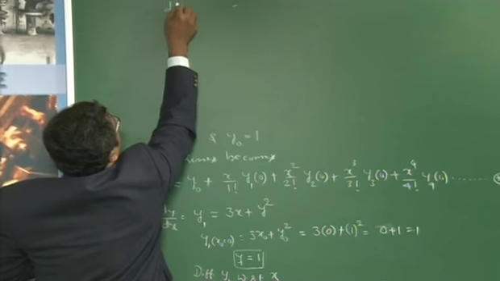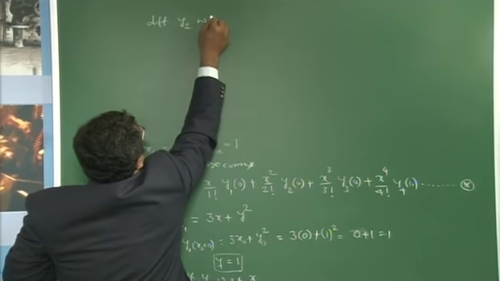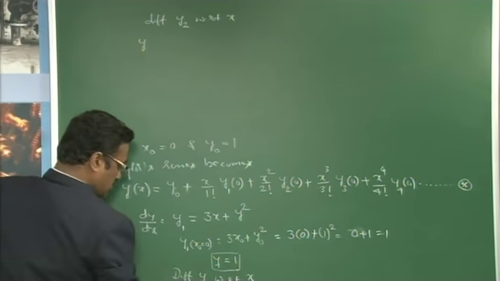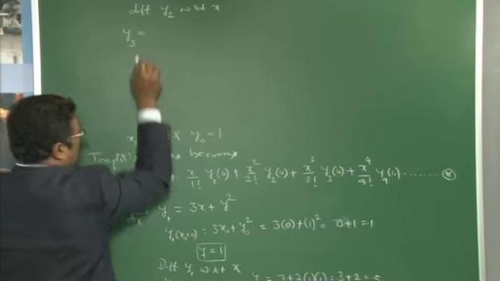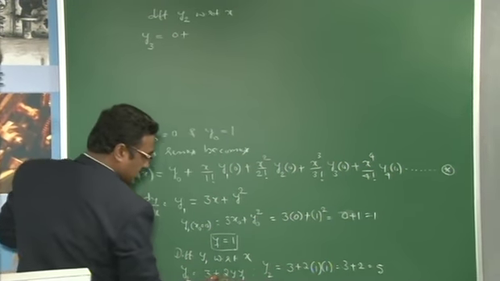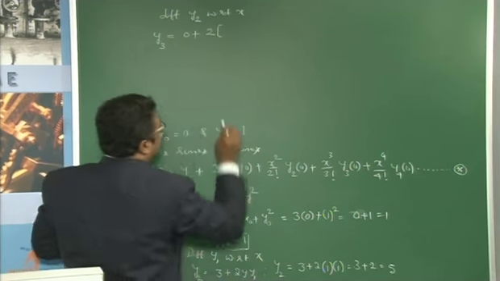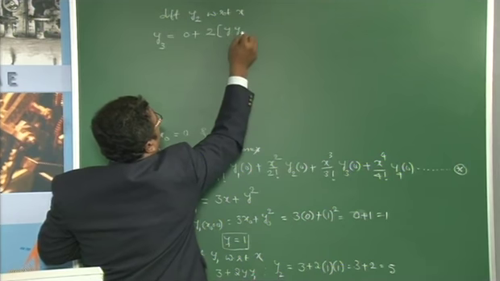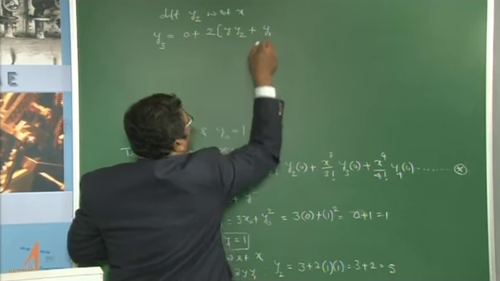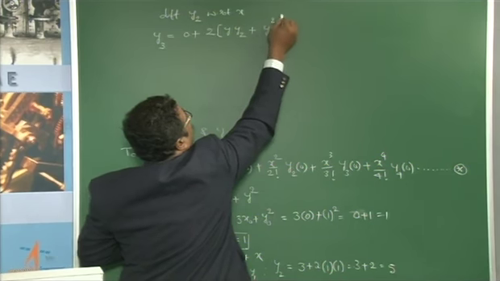Again differentiate y2 with respect to x, then we get y3, which should be equal to the differentiation of 3, which becomes 0, plus you have to apply the product rule here: 2 into first into second, y into y2, plus second into first, already y1 is there, now differentiation of y becomes y1, y1 into y1 is y1 square.